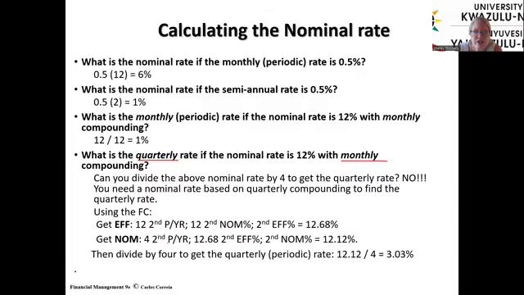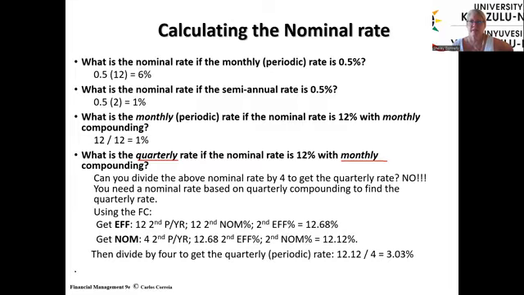But now you're going to change your PYR setting to quarterly, which is 4. Enter the 12.68 as your effective rate and solve for your nominal rate with quarterly compounding. And there you'll get it, 12.12. And you can divide that by 4 to get your quarterly rate, which is 3.03, which is not 12 divided by 4, which is 3%.